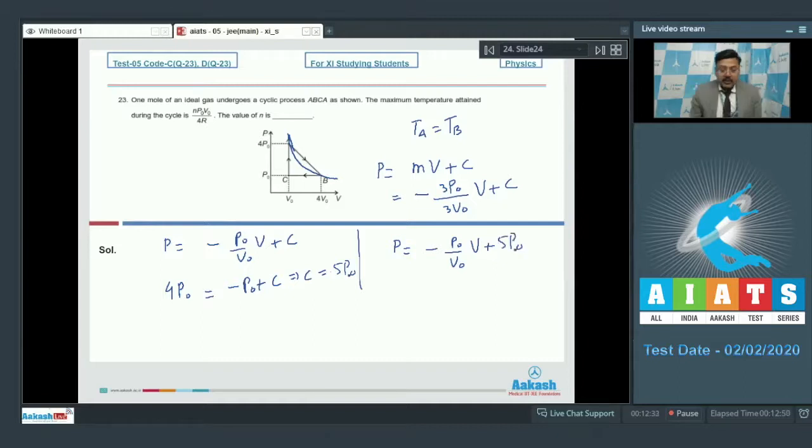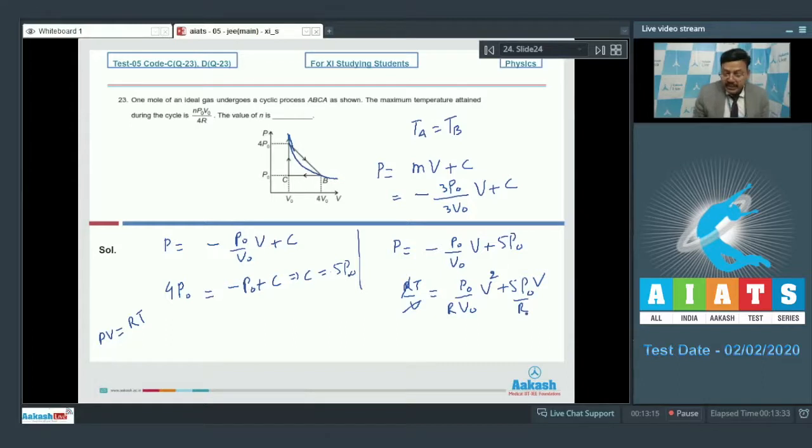Now since we are interested in finding the maximum temperature, we can use the ideal gas equation and bring in T here. PV is equal to RT, because it's a case of 1 mole, so P can be written as RT by V. So we have RT by V equal to minus P naught by V naught V plus 5 P naught, and we can multiply by V, so V becomes V square, and R we can take to the other side.